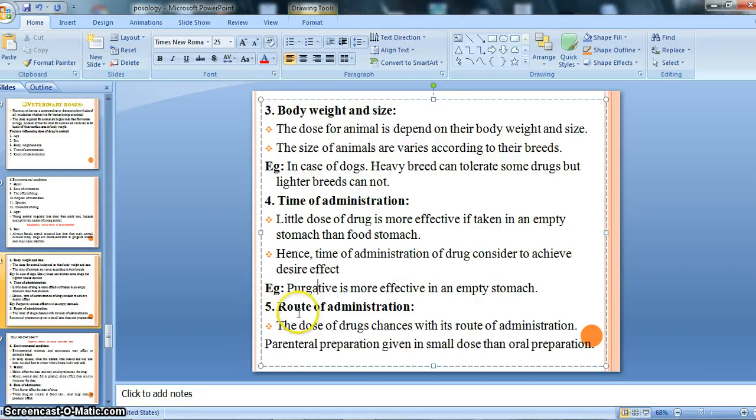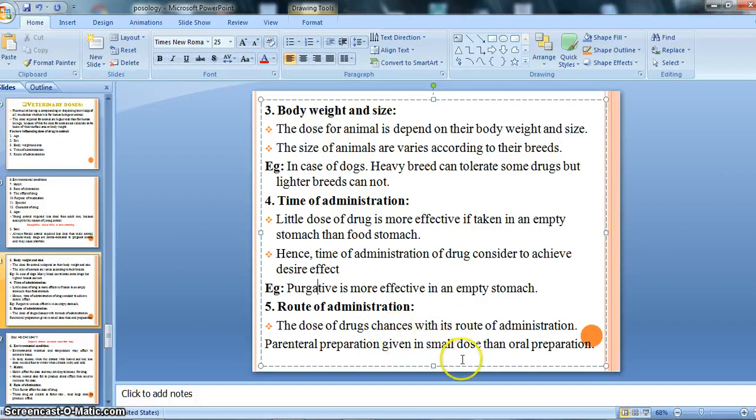Then route of administration. The dose of a drug changes with its route of administration. A parenteral preparation is given in a small dose compared to an oral preparation. Route of administration also plays a very important role in changing the effect of the dose of a drug.